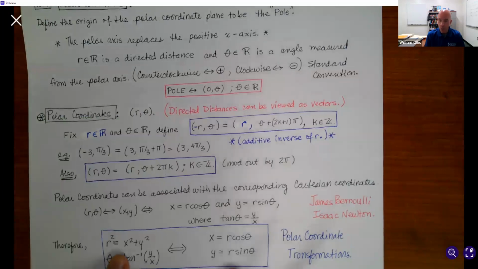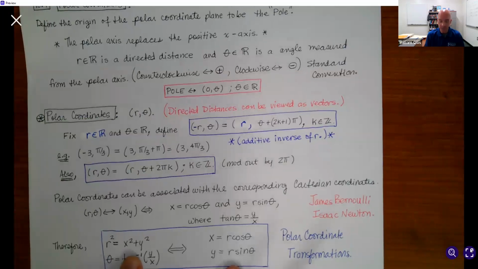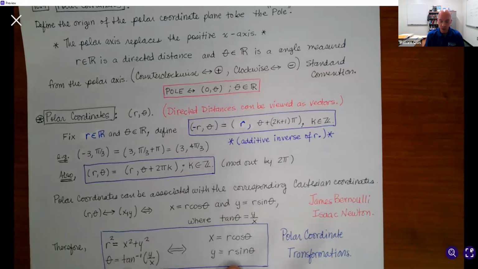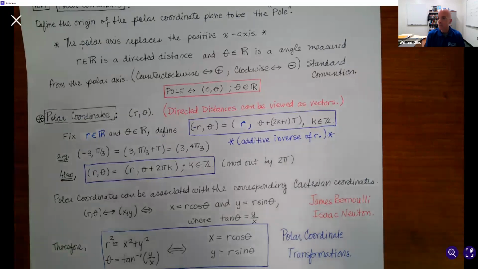When we think about a radial distance, that's just Pythagorean: r² = x² + y². And the angle is the same as in standard trigonometry: θ is the inverse tangent of y over x. So this is all repetition, but it's a convenient repetition because we can look at the polar coordinate transformation as a unique way of transforming integrals when we get to calculus 3.